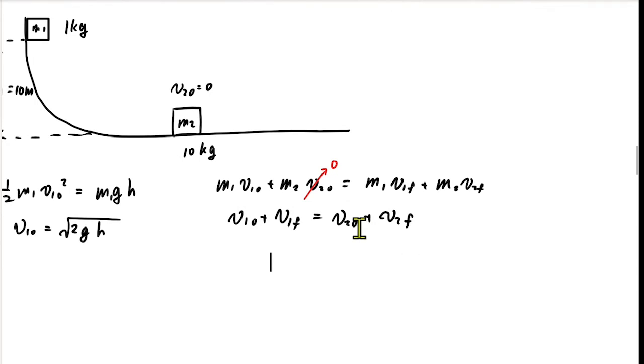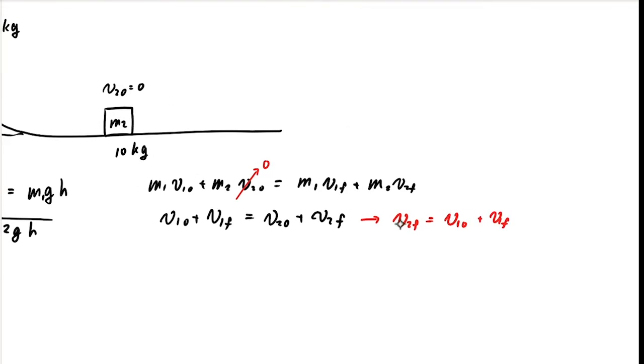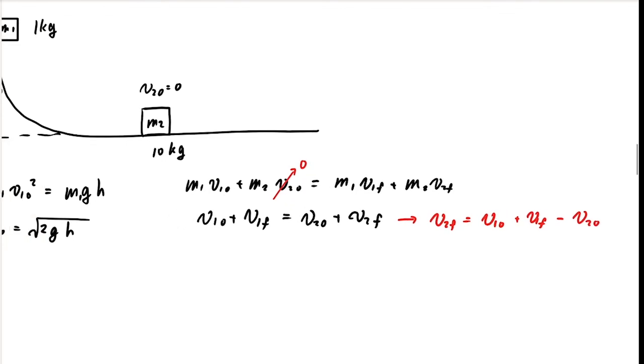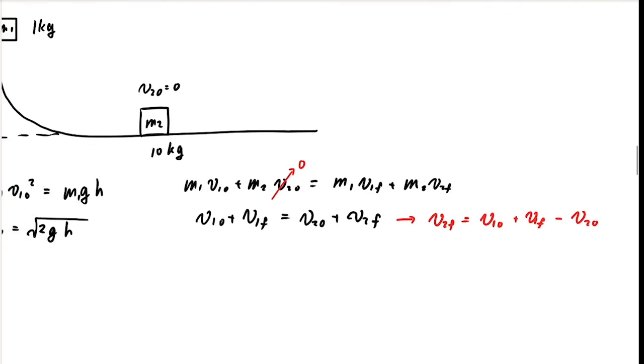And then we are going to eliminate V2 final this time because we want V1 final. So from here, we get V2 final is equal to V1 original plus V1 final minus V2 original. Good? And plug that into our momentum equation.